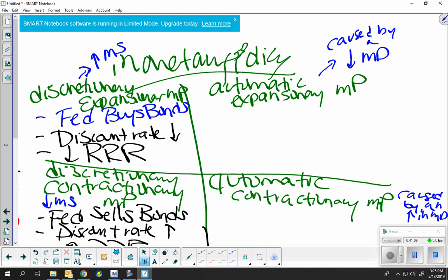We want to expand, right? So we're gonna start off in a recession. Are people spending more or less? People spend less.